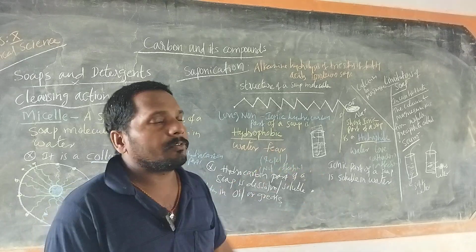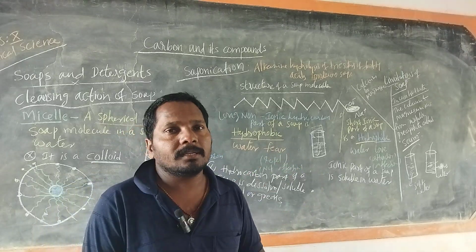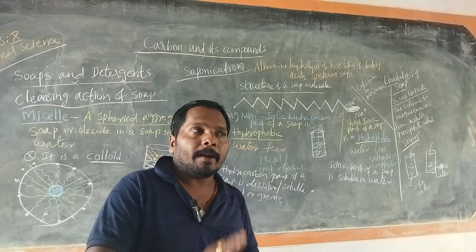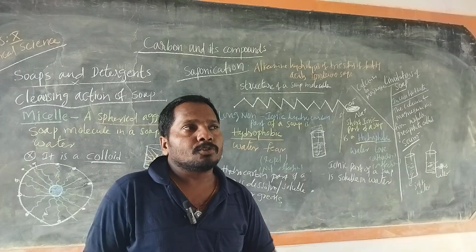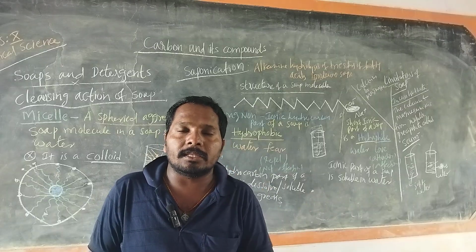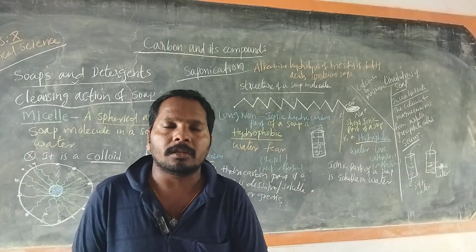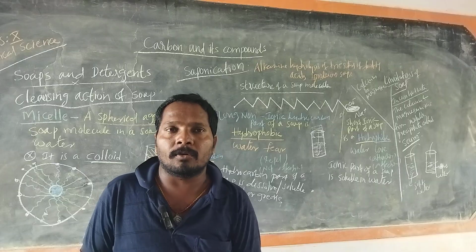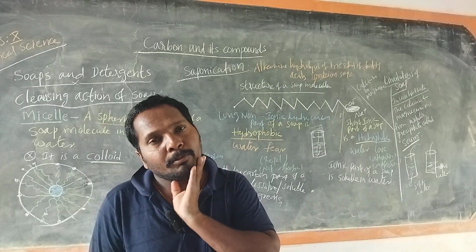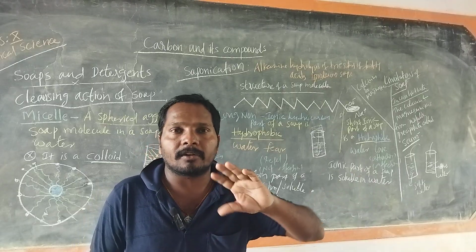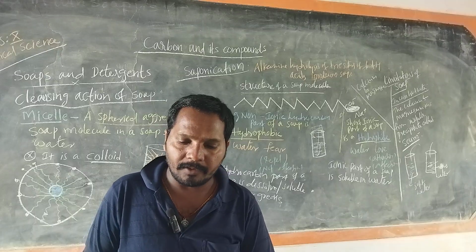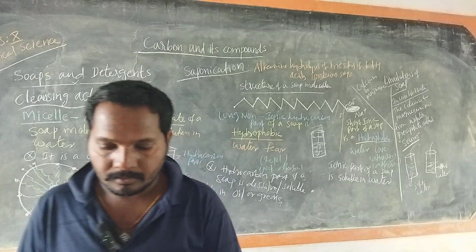The test tube with more foam is the soft water. So by this we can understand that soap cannot remove the dirt in the case of hard water, but soap can remove the dirt from clothes in the case of soft water. Right?